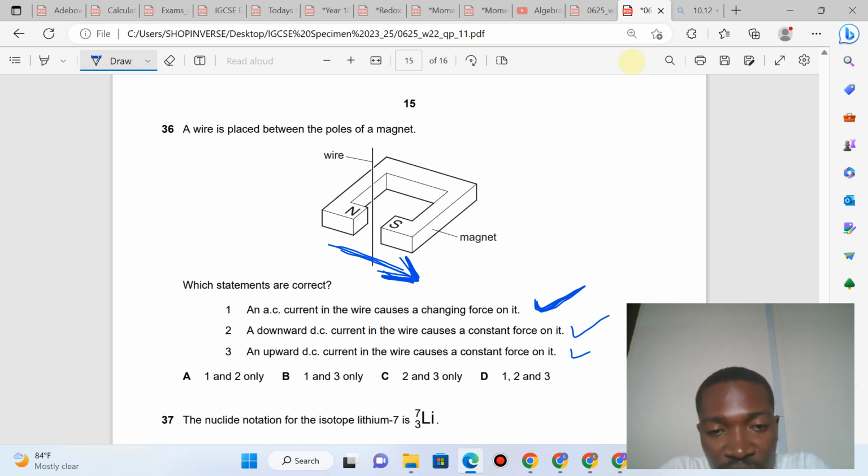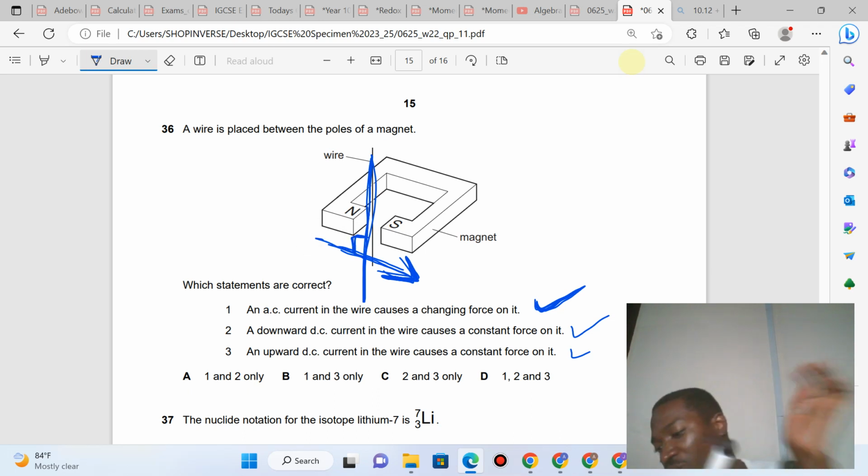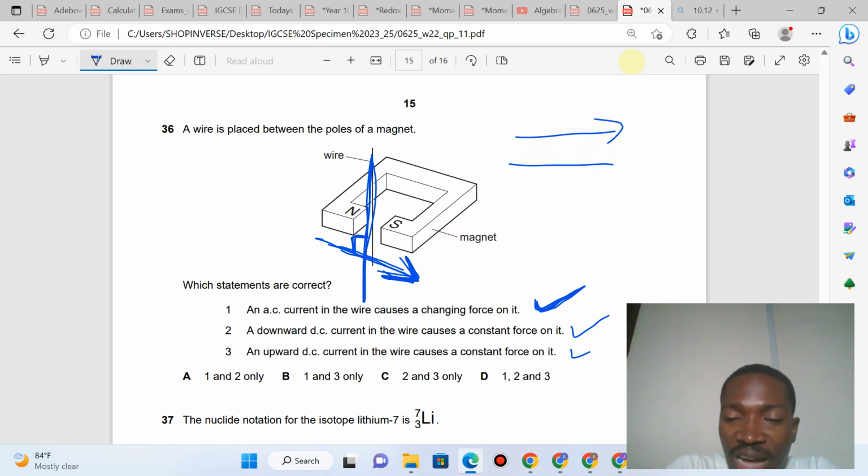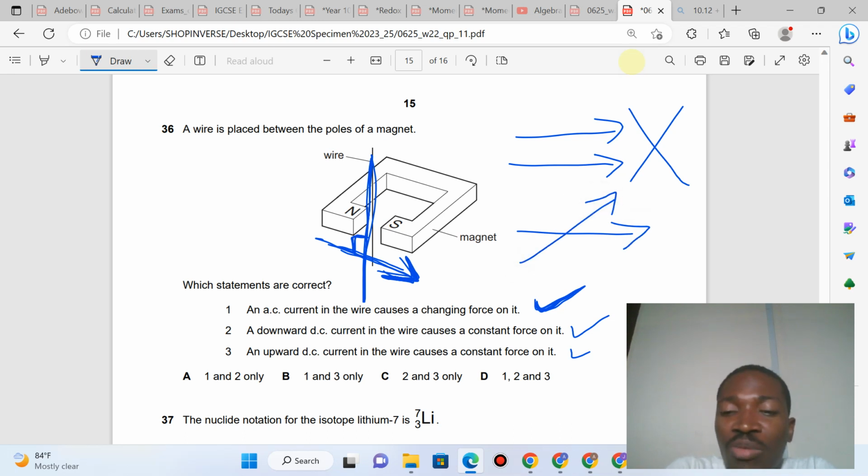As long as current flows in the wire and the direction of current is perpendicular, that means it forms 90 degrees with the direction of the field, then there will be maximum force. If the direction of current and the direction of the magnetic field are the same, then there will be no force. But as long as the direction of current and direction of the field are inclined at an angle, then there will be force.